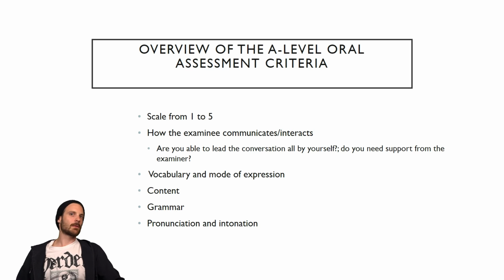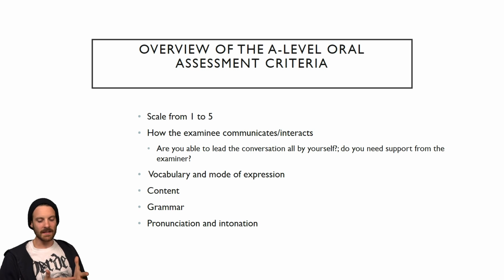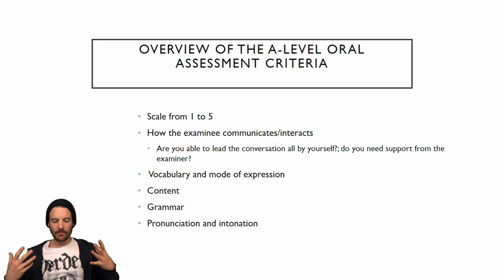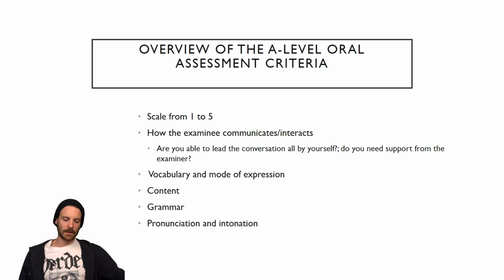For example, the first scale states that you're able to lead a conversation by yourself, which is ranked the highest, with the highest reachable points. And of course, if you need support from the examiner, it will differ.